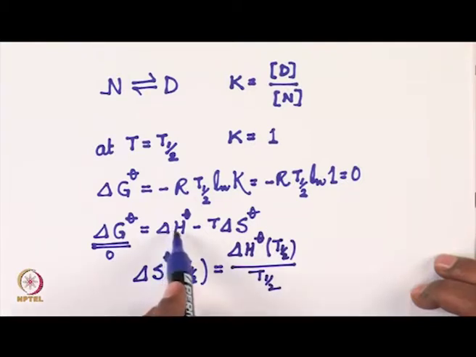This equation I am rewriting because delta G naught is 0, therefore delta S naught at T half is delta H naught at T half divided by T half. Okay.